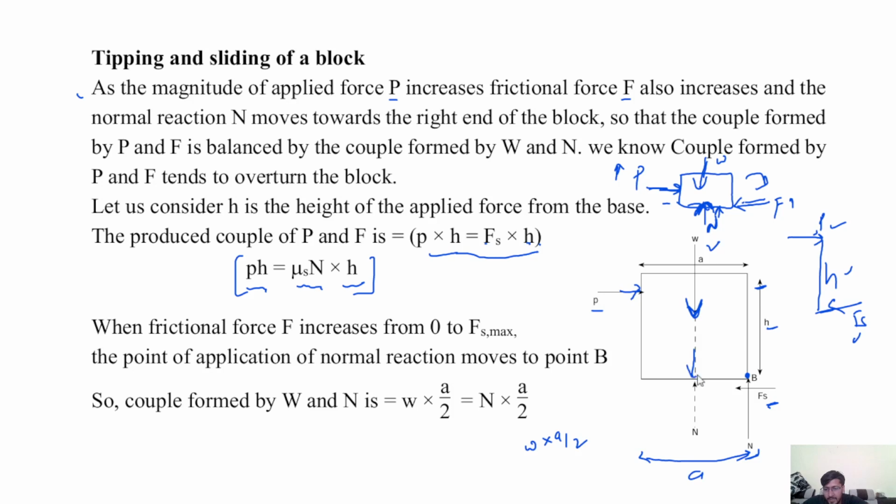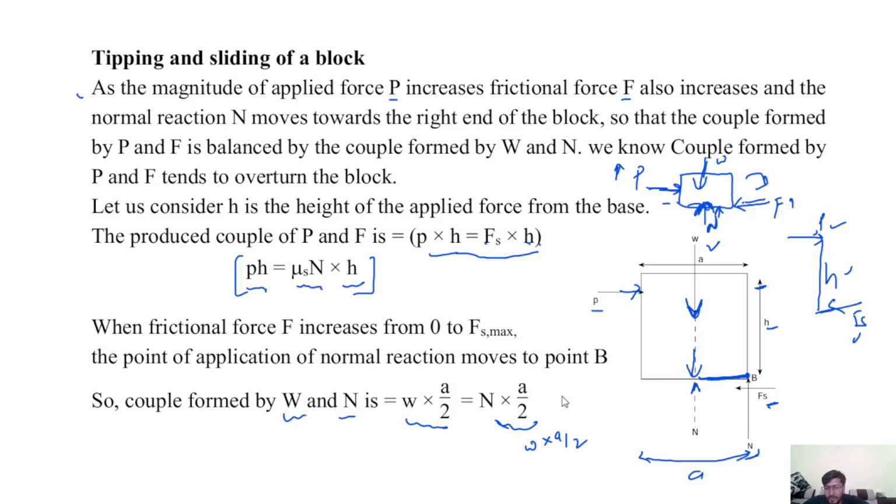W is acting downward, so W into this distance a by 2, means couple formed by W and N is equal to W into a by 2, or we can say N into a by 2.